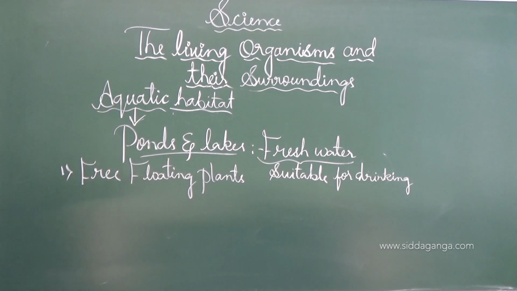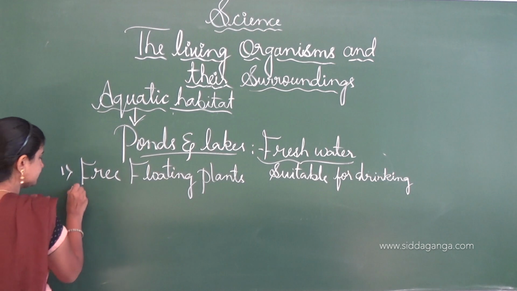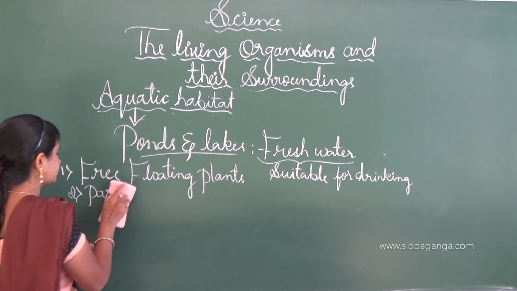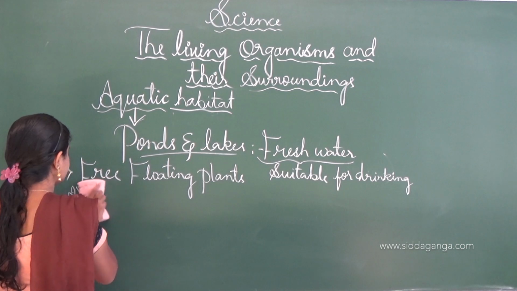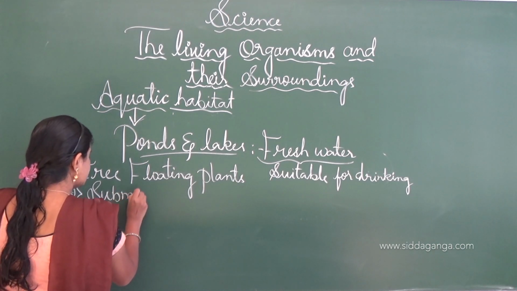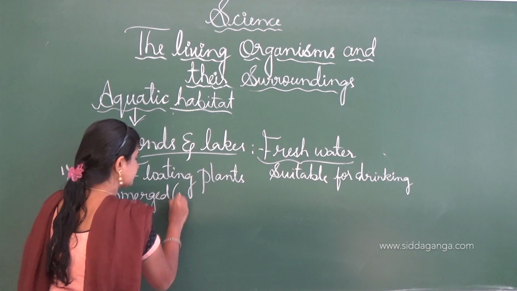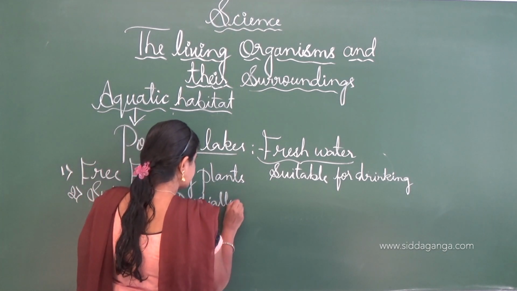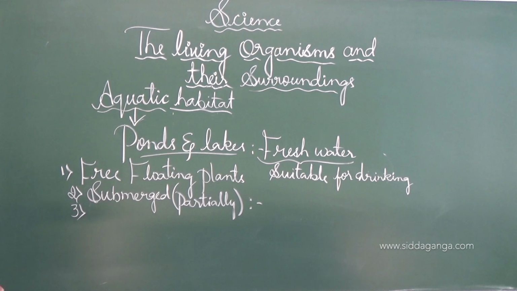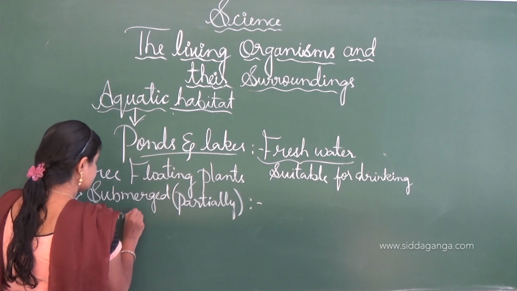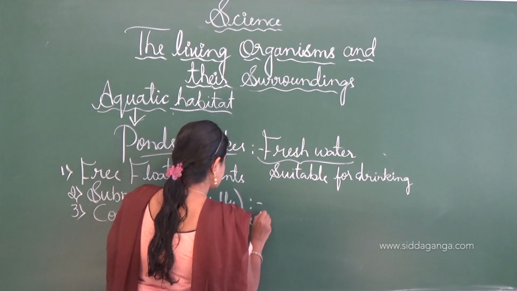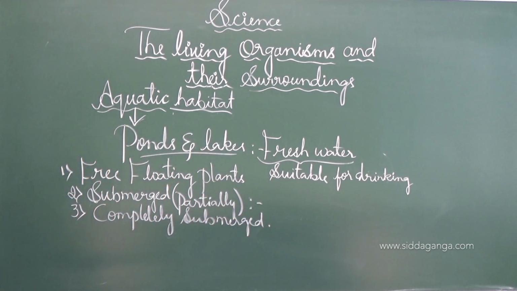First one is the free floating plants, and next one is the partially submerged plant, and next one is the completely submerged plant.